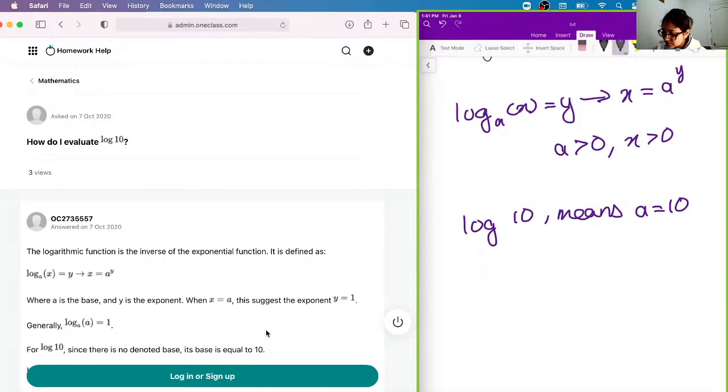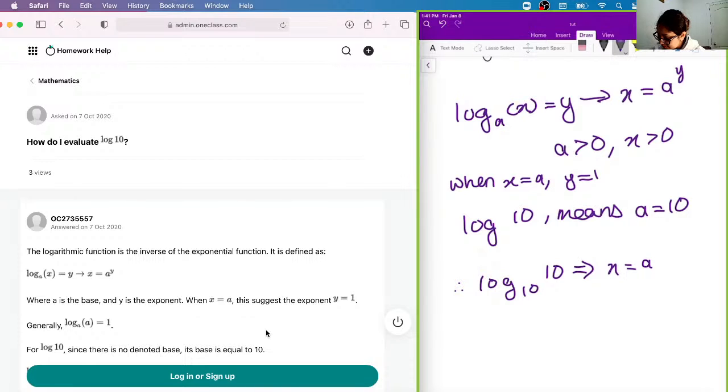So for exponentials, when x is equal to a, that means y is equal to 1, right? For log 10, since there's no denoted base, the base is equal to 10, so we can say that log base 10 of 10 is equal to, this is basically saying x is equal to a to the power of y, and in this case we're trying to find y.